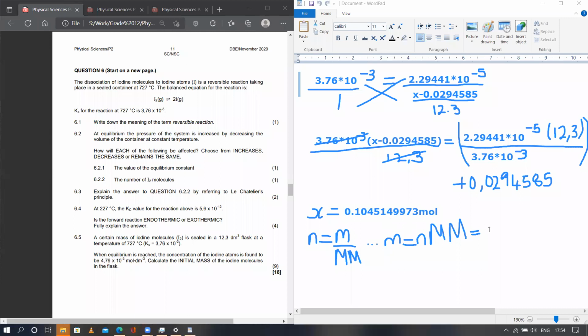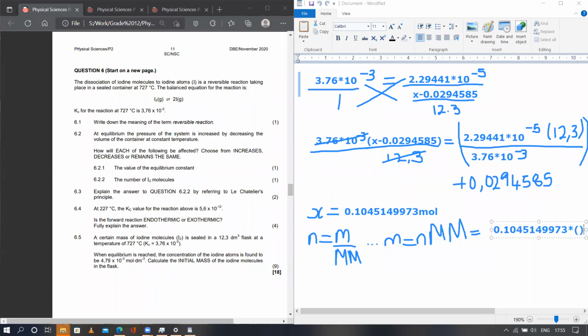The number of moles is 0.1045149973, and that's going to be multiplied by the molar mass of the iodine molecules.